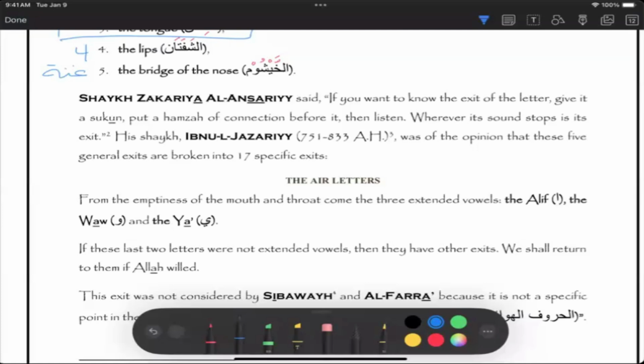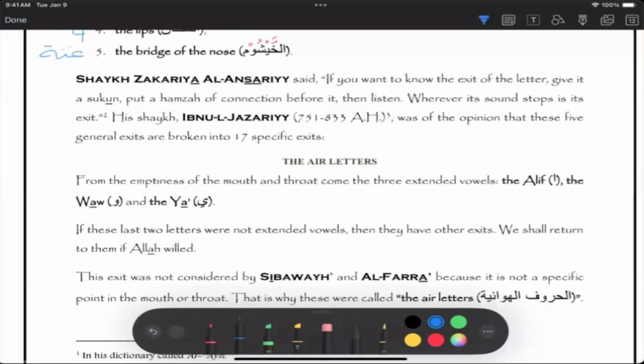Sheikh Zakaria al-Ansari said, I just read that. So his Sheikh, the Sheikh of Sheikh Zakaria al-Ansari, Ibn al-Jazari, was of the opinion that these 5 general exits are broken into 17 specific exits. So Ibn al-Jazari, who's he? He is Imam al-Qurra al-Mutaakhirin.